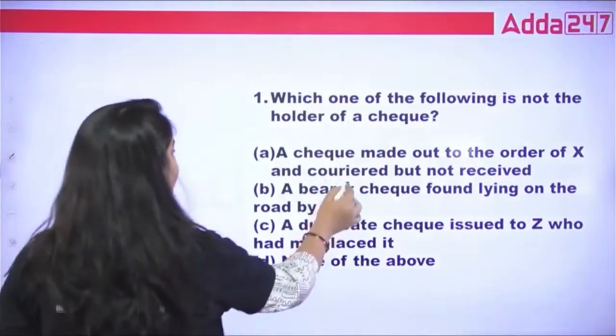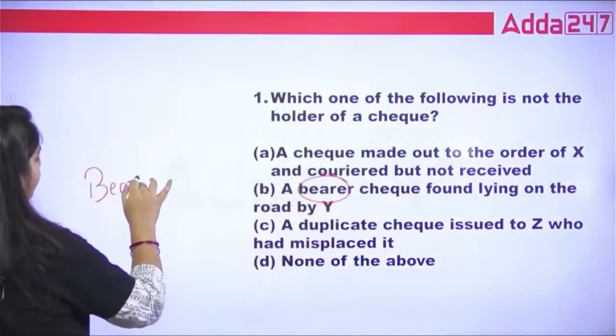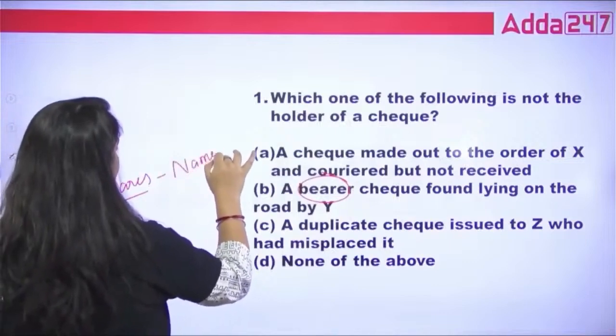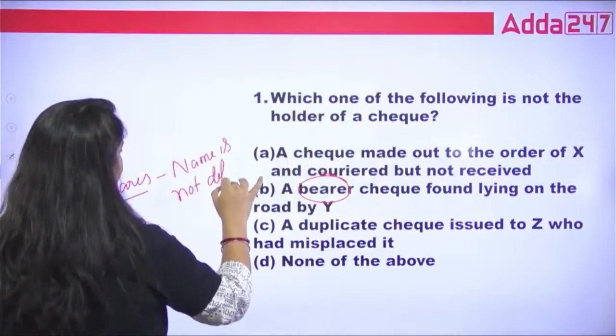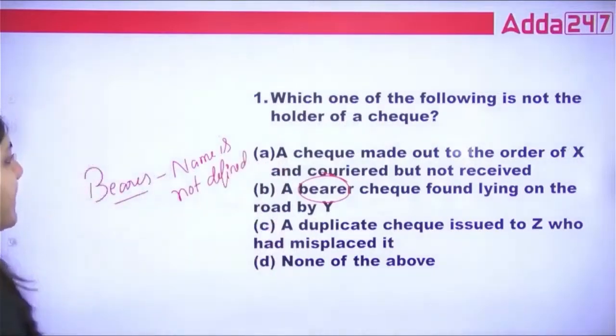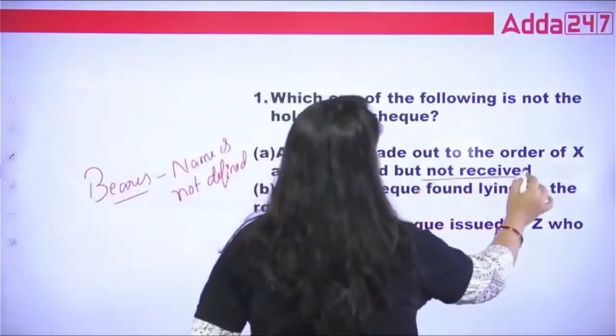Bearer means the name is not defined. The cheque made out to the order of X and couriered but not received. Not received, so this cannot be the right answer.